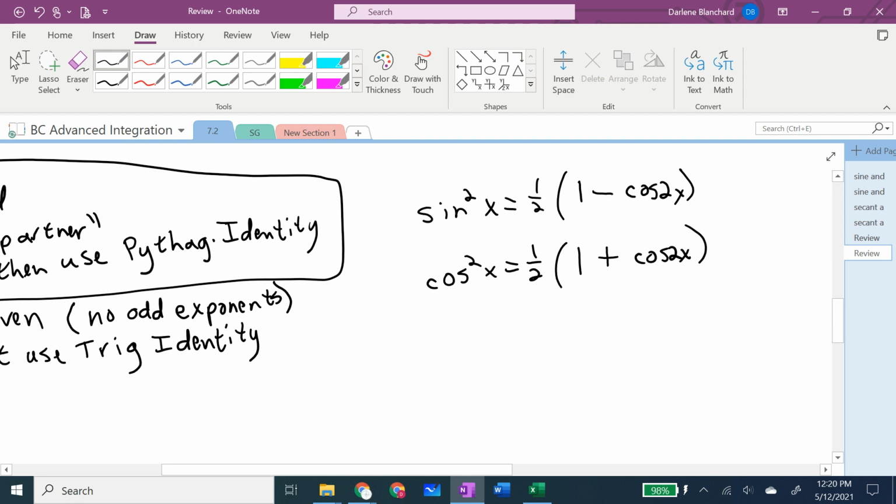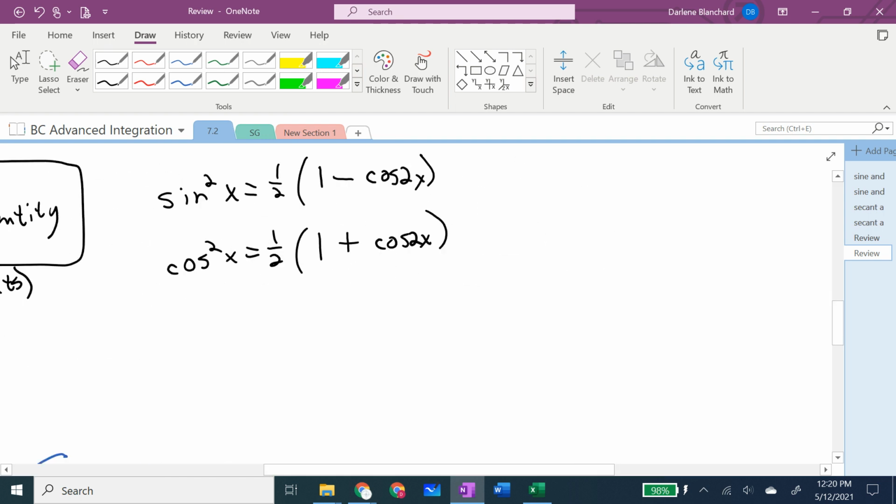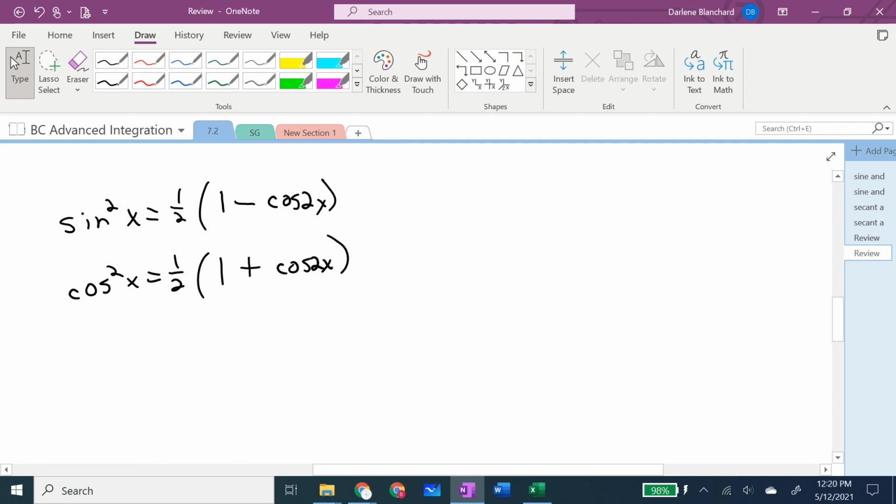Now, I want to show you how this pair of formulas is additionally powerful enough to give you some more trig identities. What I want you to do is take both of these equations and isolate cosine 2x. And you will come up with another pair of trig identities.